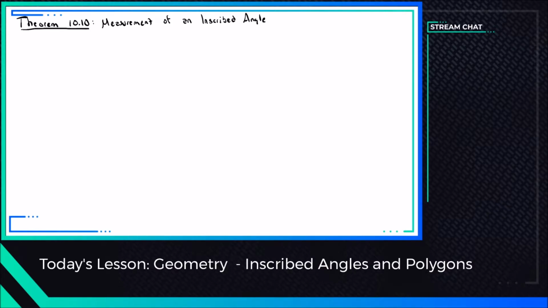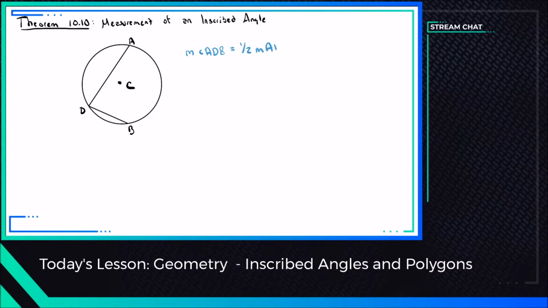If we look at a circle here and we draw an inscribed angle, called ADB because our circle name is going to be circle C, we would say that the measurement of angle ADB is equal to 1/2 the measurement of arc AB. So this arc that extends around the inscribed angle, that inscribed arc, is twice as big as the inscribed angle.